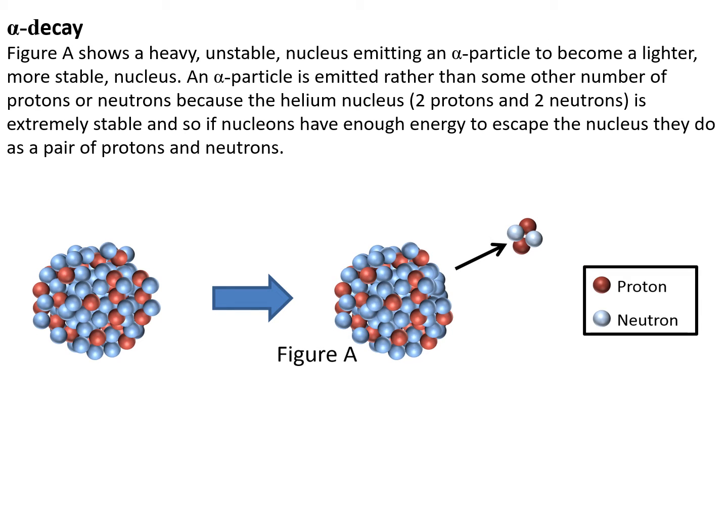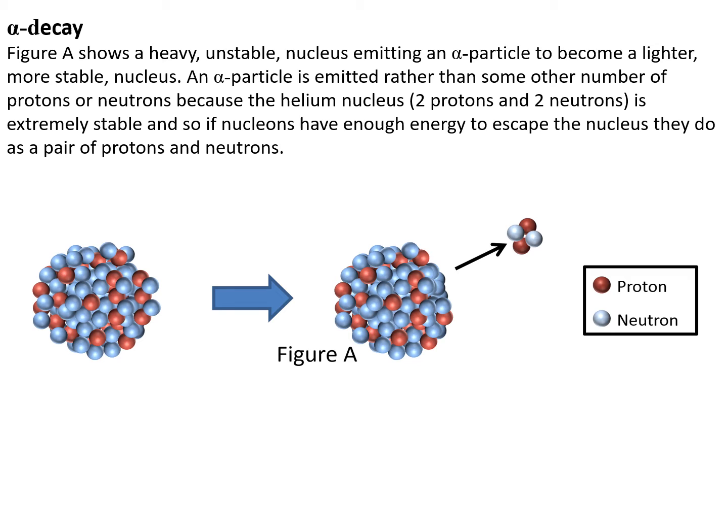Now, alpha decay happens when we have a heavy, unstable nucleus, and it emits an alpha particle to become lighter and more stable. An alpha particle is emitted rather than some other number of protons or neutrons because the helium nucleus, which is 2 protons and 2 neutrons, is extremely stable. And so, if nucleons have enough energy to escape the nucleus, they do it as a pair of protons and neutrons.